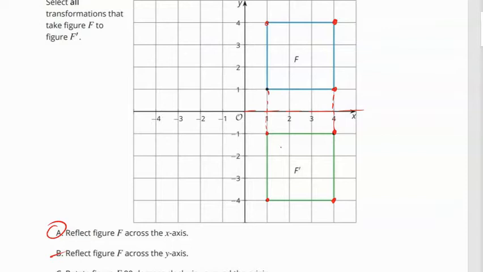What about C? Rotate figure F 90 degrees clockwise around the origin. So this is the origin, right? If we rotate at 90 degrees, this point would become that point. And would that work? That point works. What about the other points?